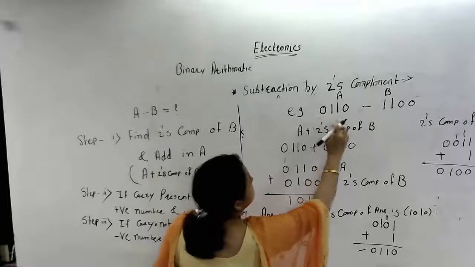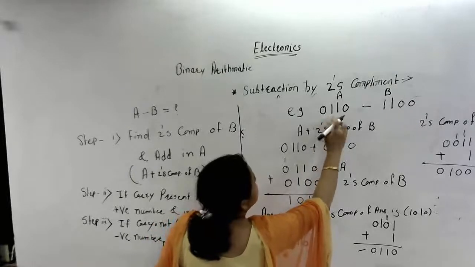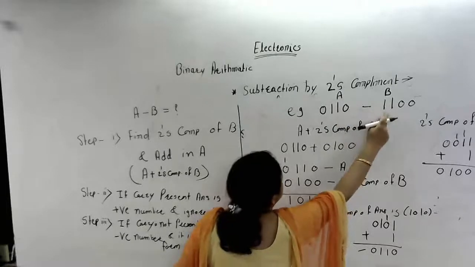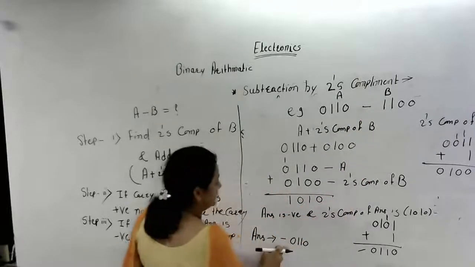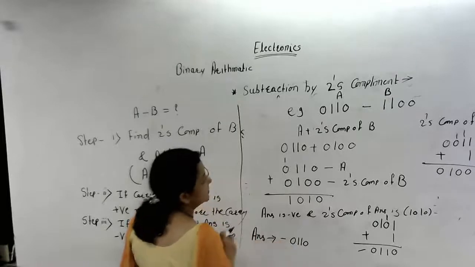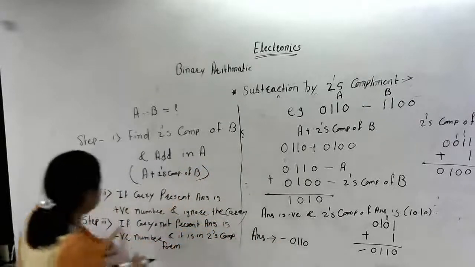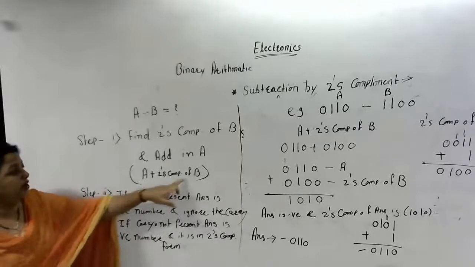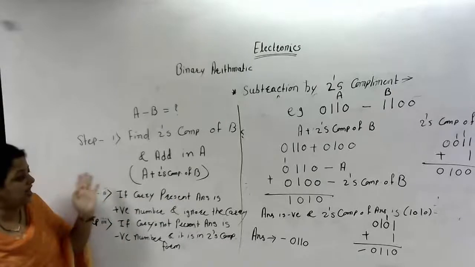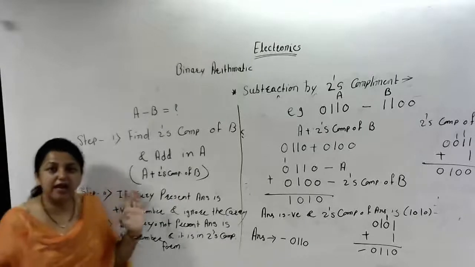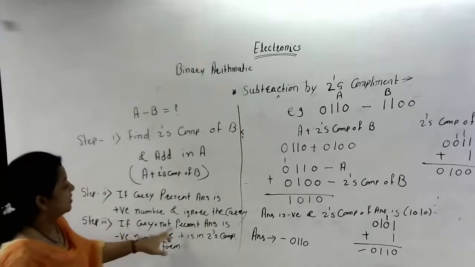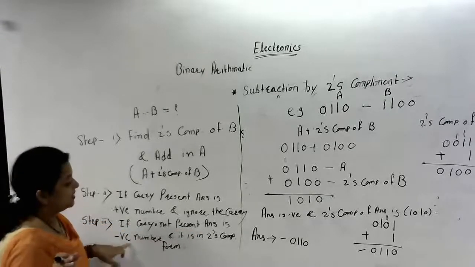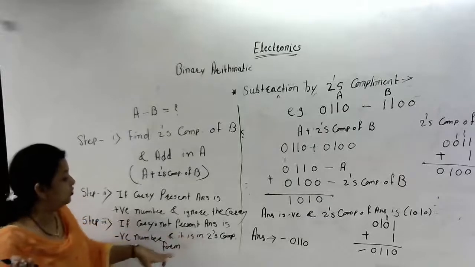See, the right answer: number A is 6 minus B number is 12. 6 minus 12, our answer should be minus 6. And we get the right answer. What changed? What is the third step that was added? If you do A plus 2's complement of B and if carry is not present, then it indicates the answer is a negative number, and find out the answer's 2's complement.